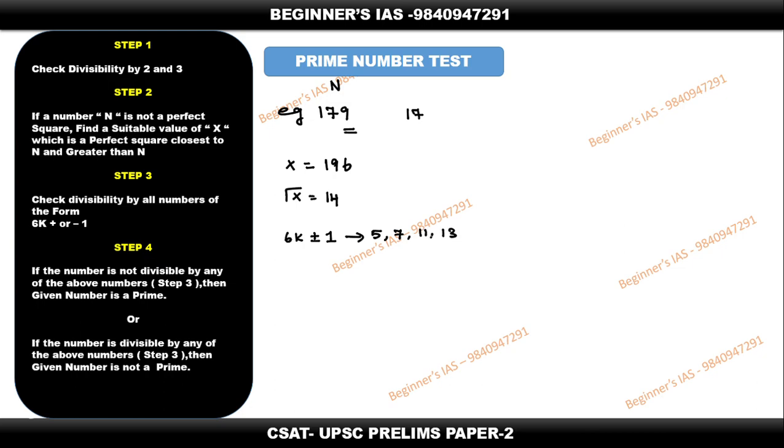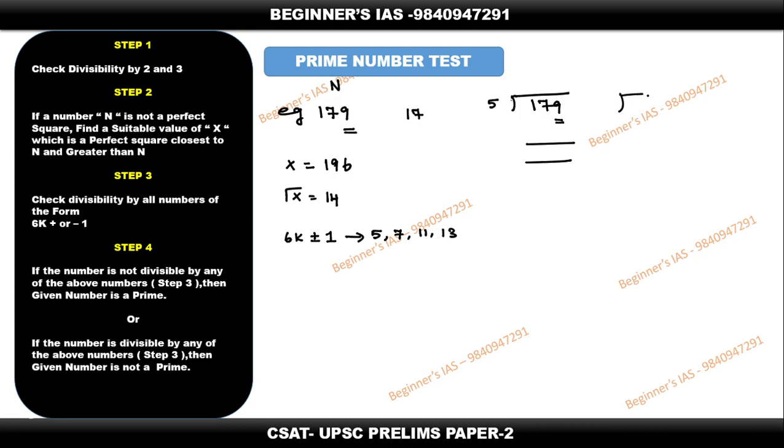Only these 4 numbers can be expressed in the form of 6k plus or minus 1. Now divide the given number by 5 and check whether it is completely divisible or not. Surely the last digit is 9, so it is not going to be divisible, which means it does not leave a remainder of 0.